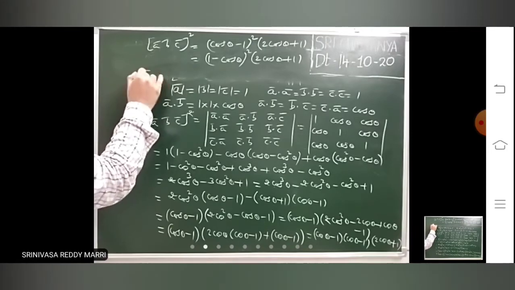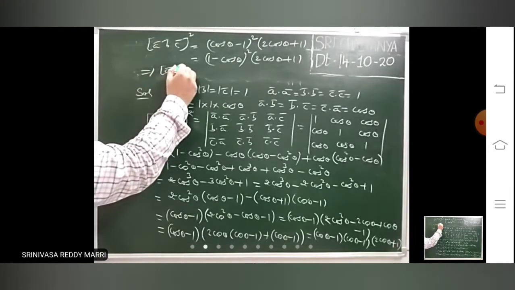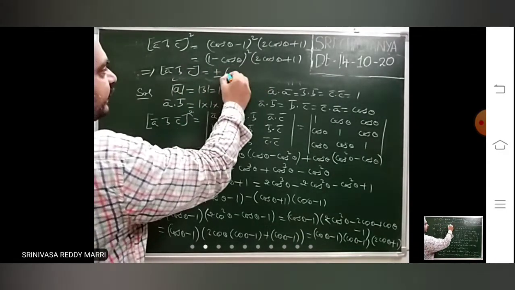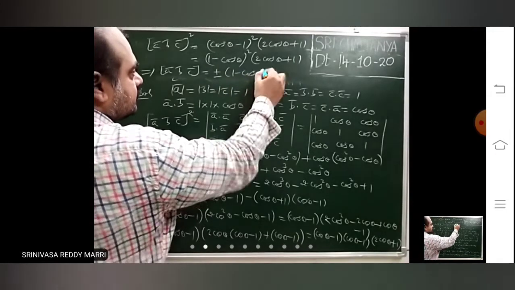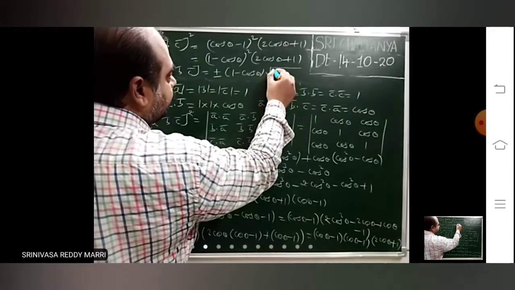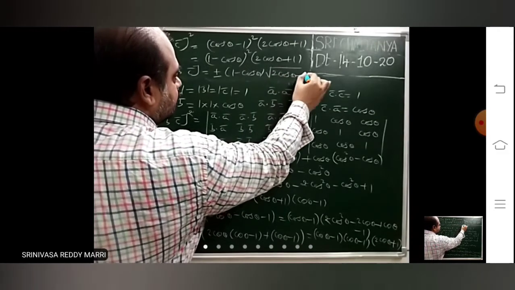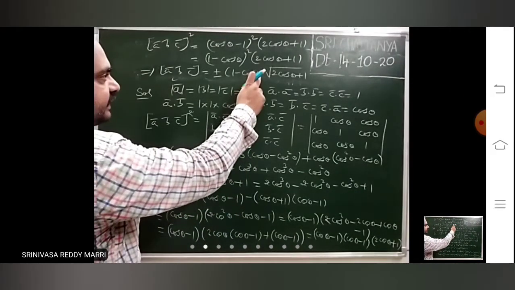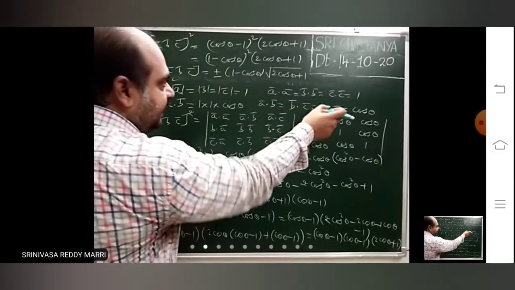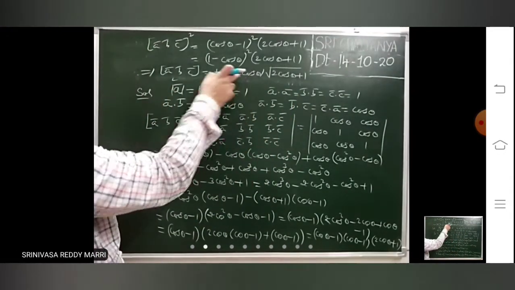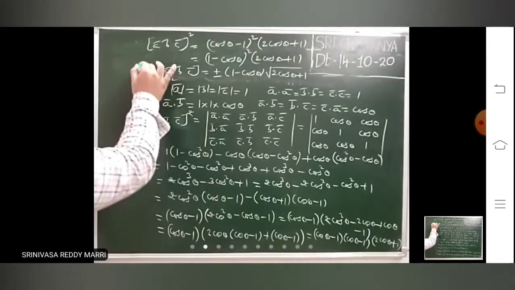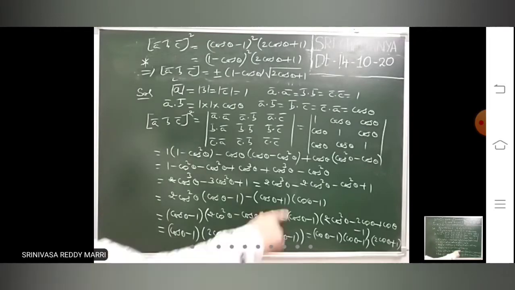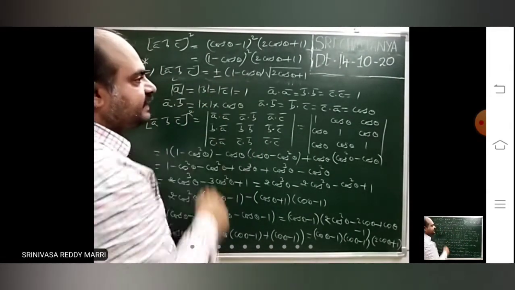Therefore box of A bar, B bar, C bar is nothing but plus or minus square root of this, into root of 2 cos theta plus 1. So when the angle is given, you directly substitute here. If the angle between each pair is given to you, you directly get the box of ABC. Remember this very important formula in problems. We can do it with the determinant, but if you substitute here, it becomes an easy problem.